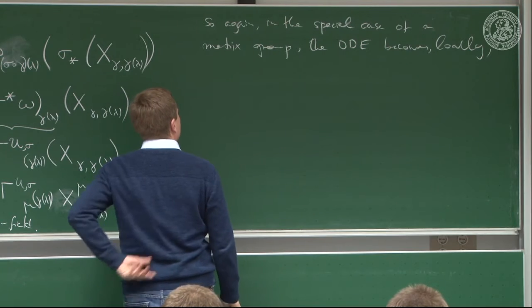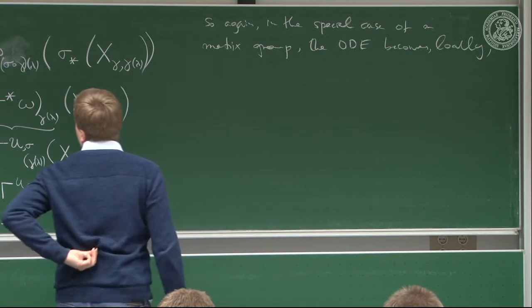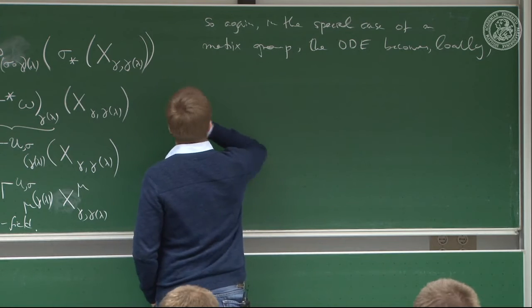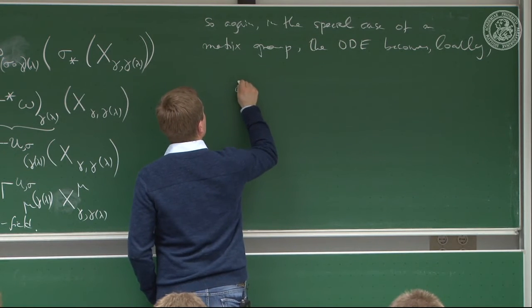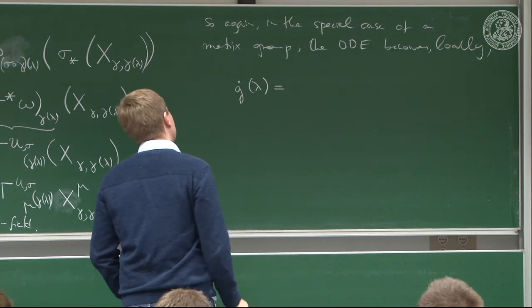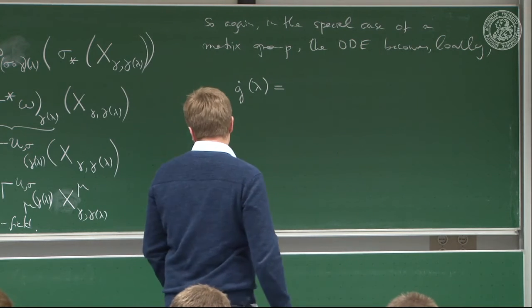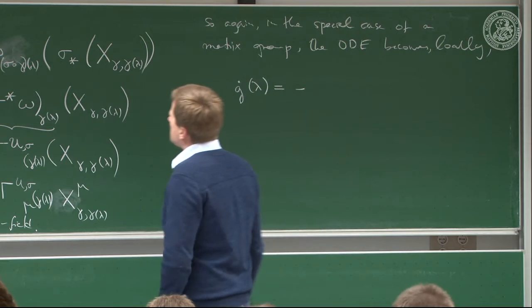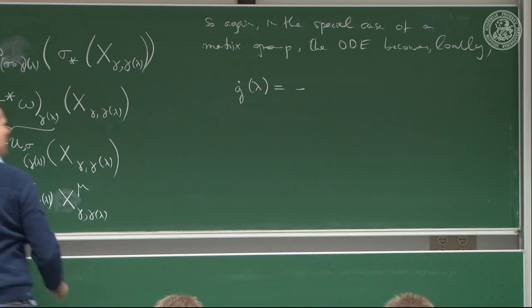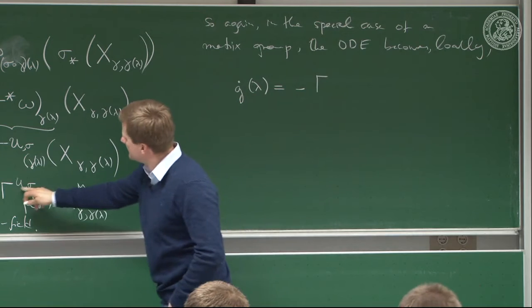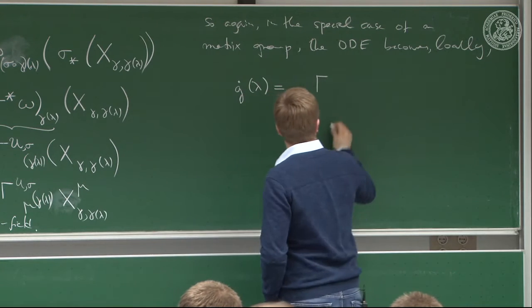We had this G dot of lambda equals minus, and now came this guy. So this is gamma. I don't write u sigma; we know it depends on u sigma.